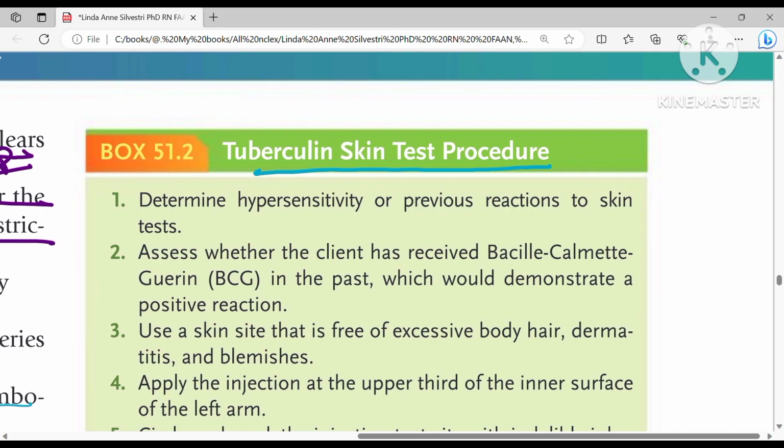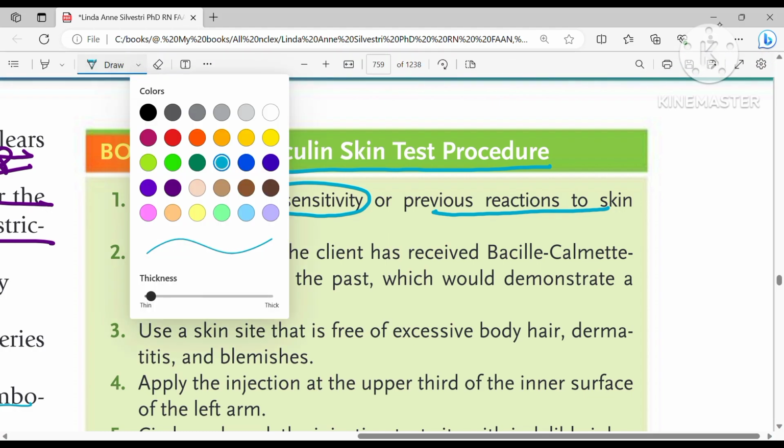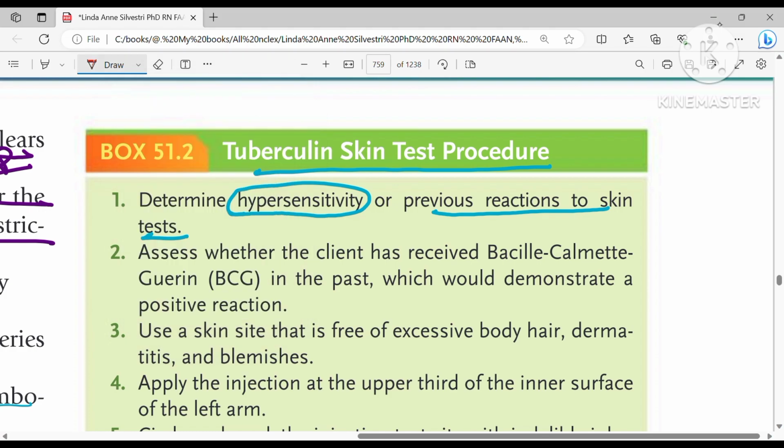Tuberculin test procedure. First we need to determine hypersensitivity or any previous reaction to the skin. Any allergic reaction or any allergy related to this test, we need to ask the client. Next, assess whether the client has received BCG.